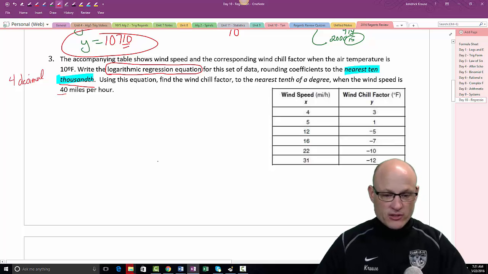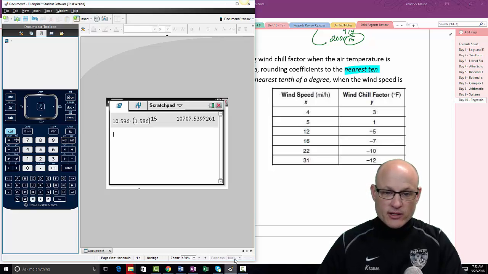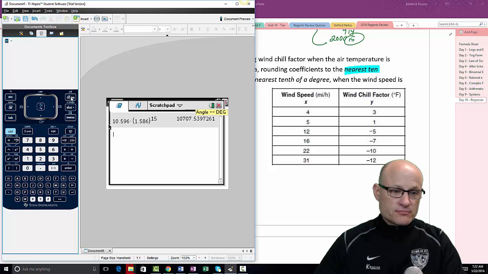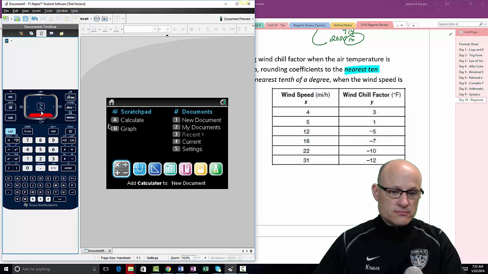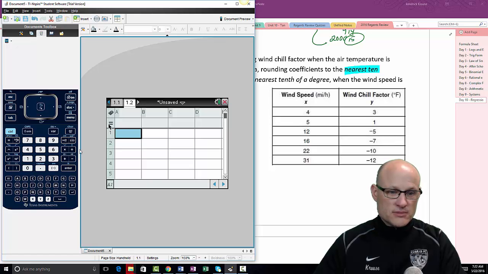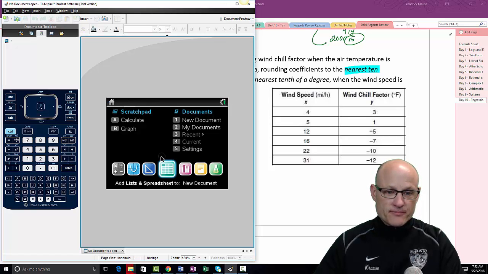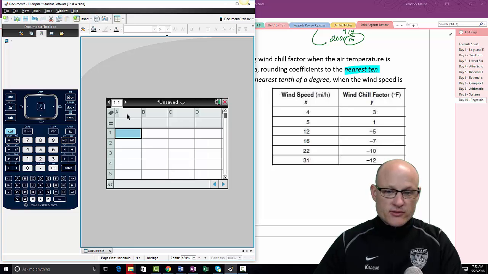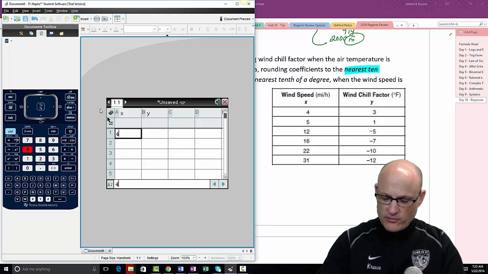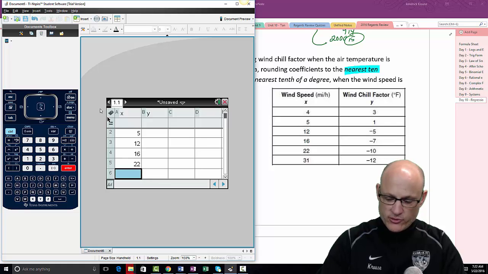Okay, so first things first, we got to get this data in our calculator. So we'll go to our calculator. I got other stuff in there. Let's get rid of it. Go back in. We're going to call one X, and we'll call this one Y. All right. 4, 5, 12, 16, 22, 31.